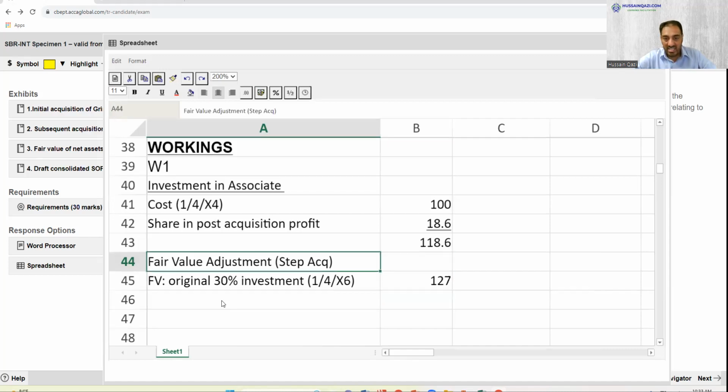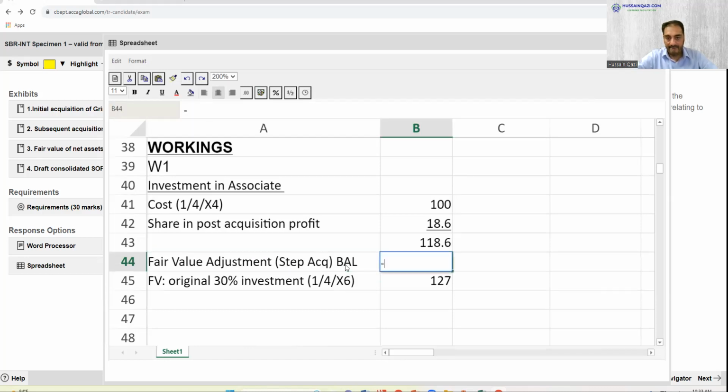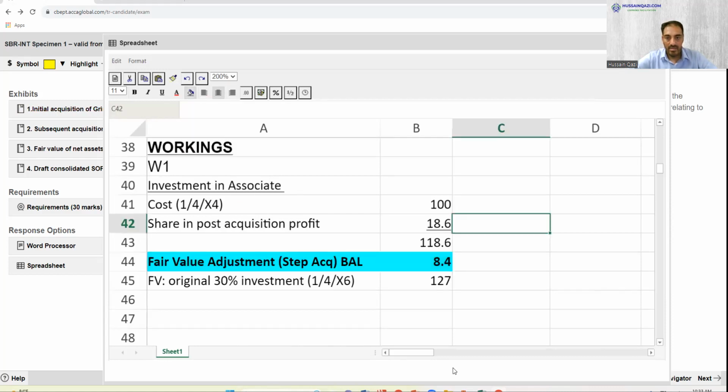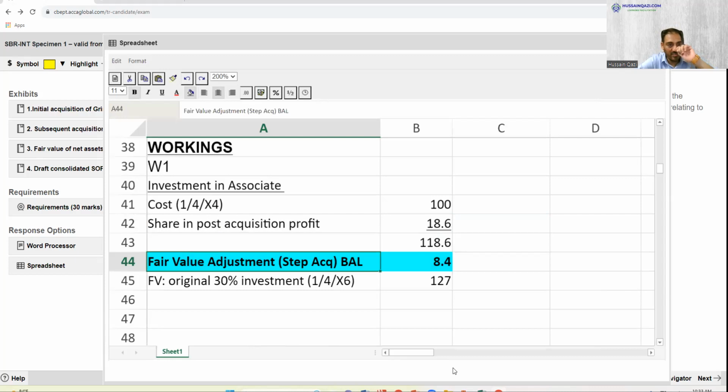So this is the balancing figure. That's a fair value adjustment.